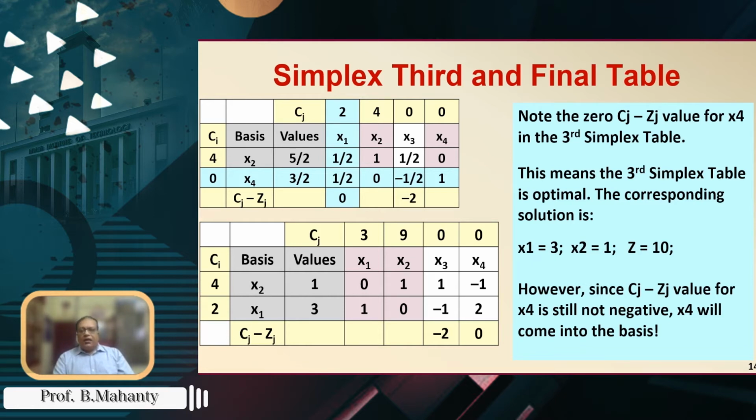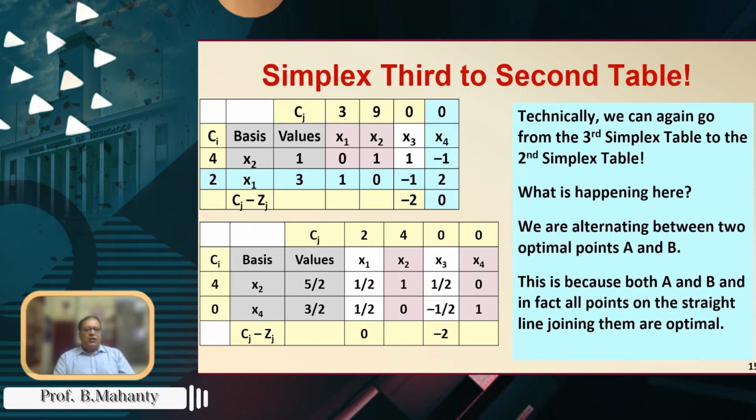So note that the 0 value in the Cj minus Zj for x4 in the third simplex table means the third simplex table is optimal. The corresponding solution is x1 equal to 3 and x2 equal to 1 and z equal to 10. However, since Cj minus Zj for x4 is not negative, x4 will come into the basis. All right, and we can get back the original solution as we have discussed.